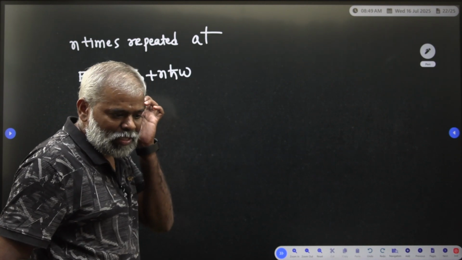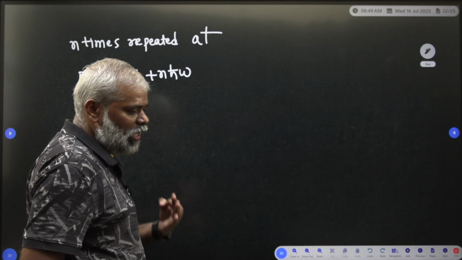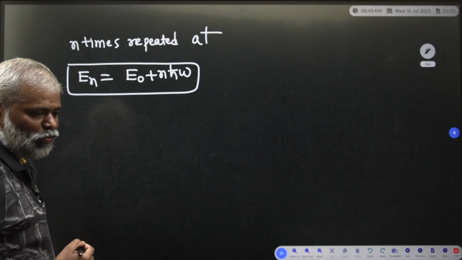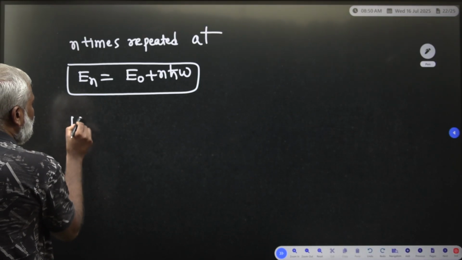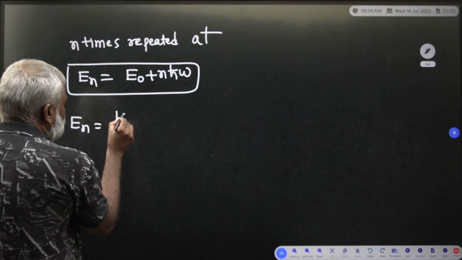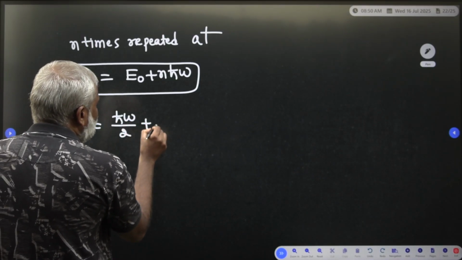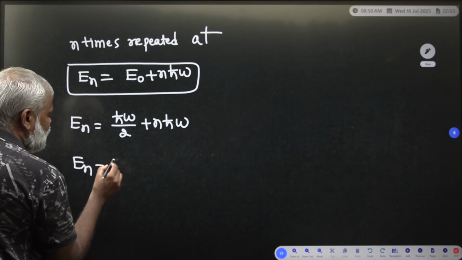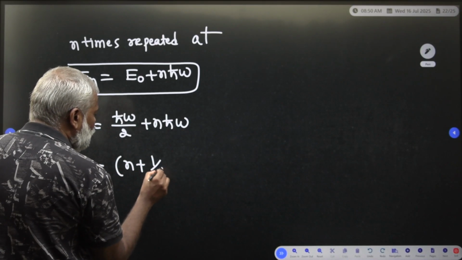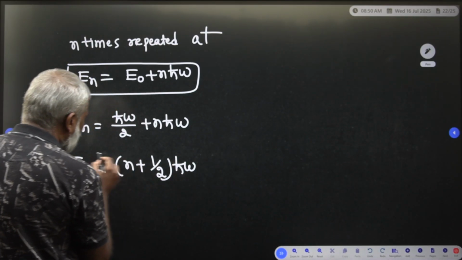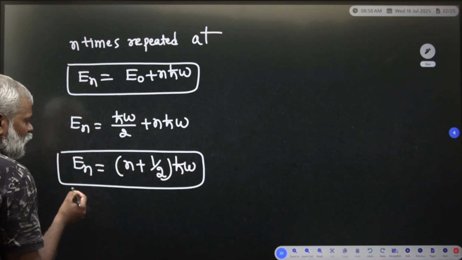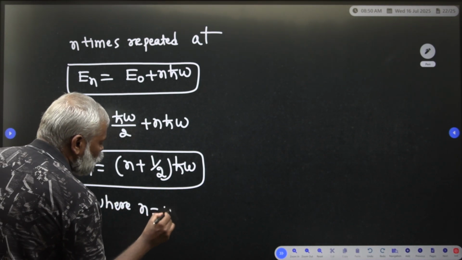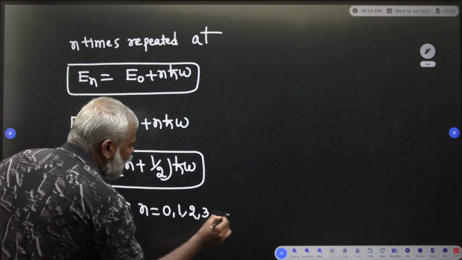So En is equal to H cut omega by 2 plus n times H cut omega. Taking H cut omega common, En is equal to n plus 1 by 2 times H cut omega, where n is equal to 0, 1, 2, 3 and so on.